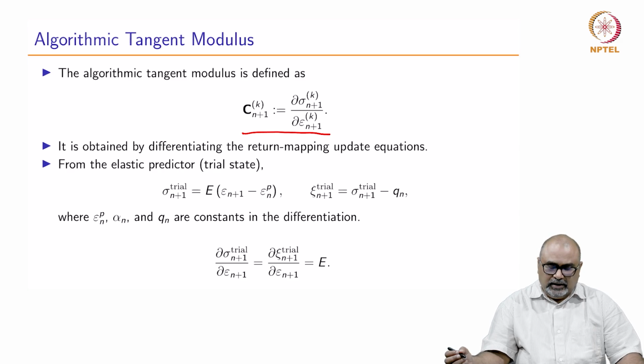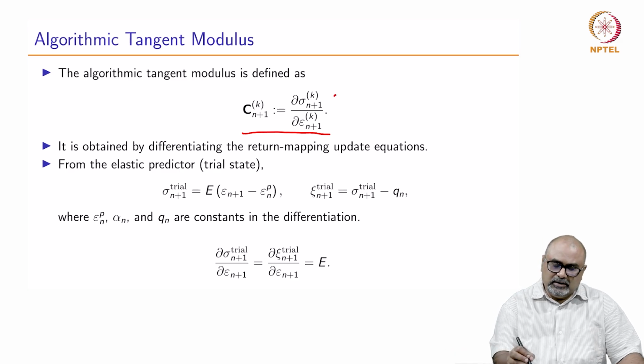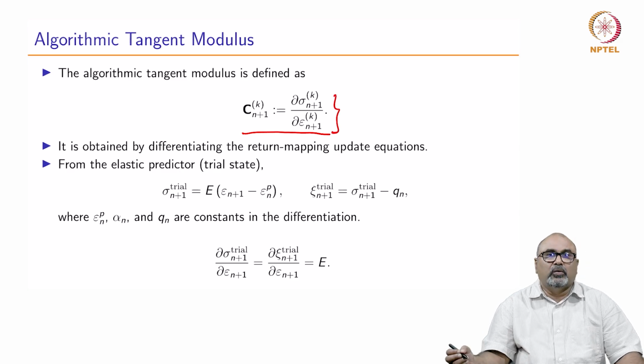So, we have in return mapping the elastic predictor, plastic corrector procedure, and from those equations we can find the change in σ_{n+1}^k with respect to ε_{n+1}^k.